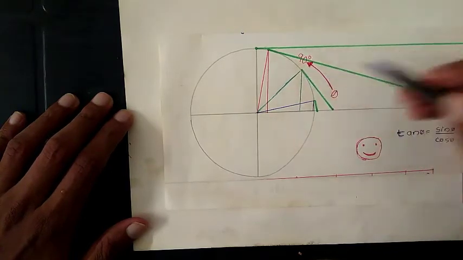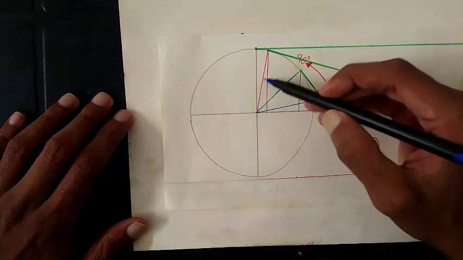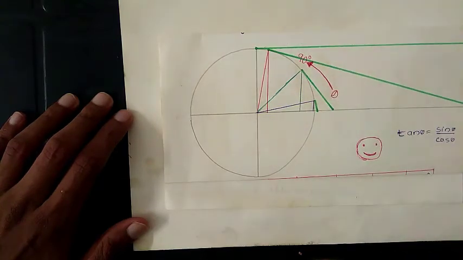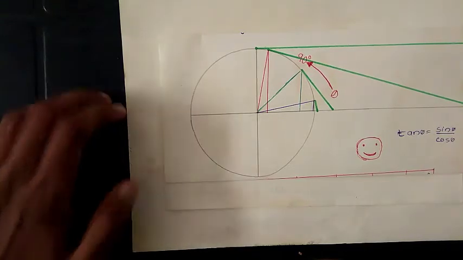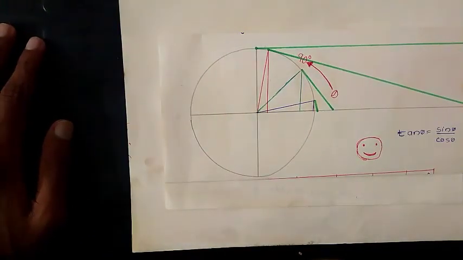So at 90 degrees, the hypotenuse will align itself with the y-axis. So at 90 degrees, sine 90 degrees is 1. The radius of this unit circle is 1. So sine 90 degrees is 1.